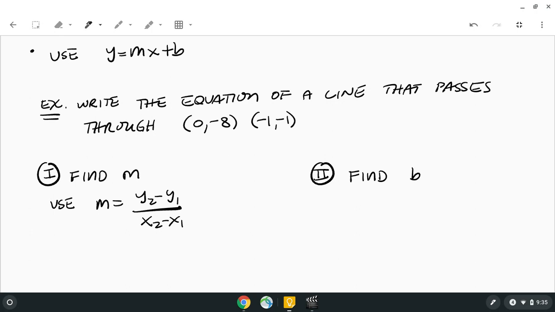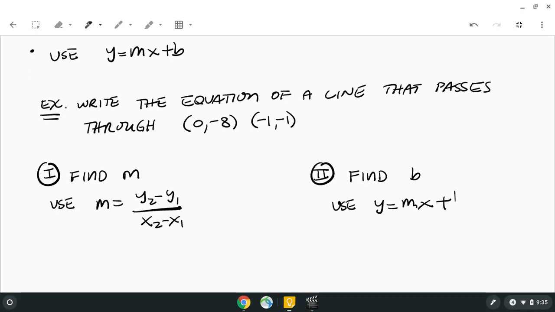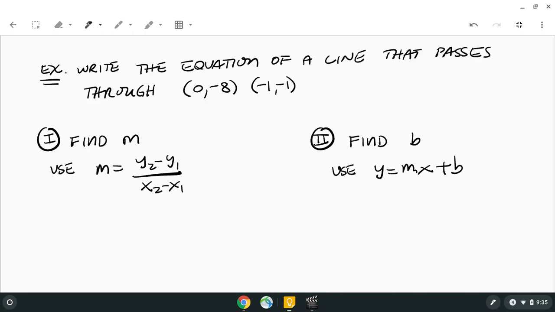Okay, and we are going to use y equals mx plus b to find it. Okay. All right, so once we have these two things, once we have m, once we have b, then we can write the equation of our line. Okay, so let's take a look here.